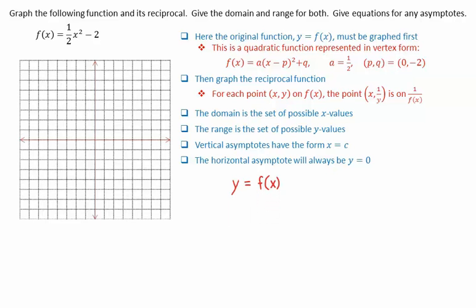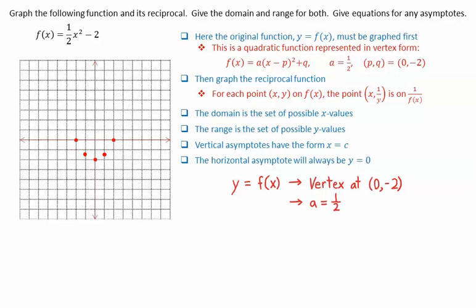First of all, let's look at the original function y equals f of x. The vertex is at the point 0, -2, and then we have an a value of 1/2. This means that as we go over 1, meaning right 1 or left 1 from the vertex, we would go up by 1/2.